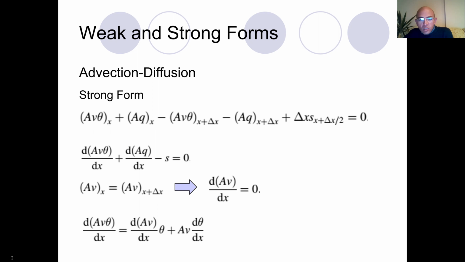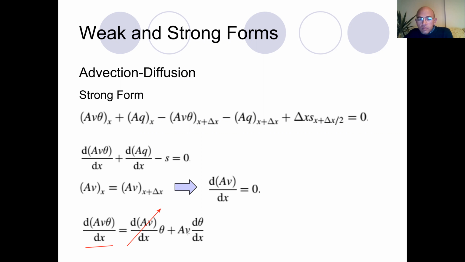There is no change. And from there, I can say that at a particular location, if I take the derivative of this term, the second term vanishes because d(AV)/dx is 0, and then I obtain this term, area multiplied by the velocity.